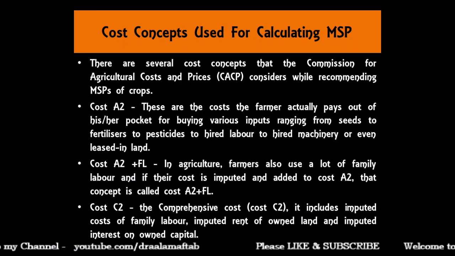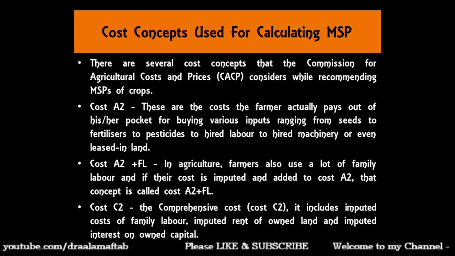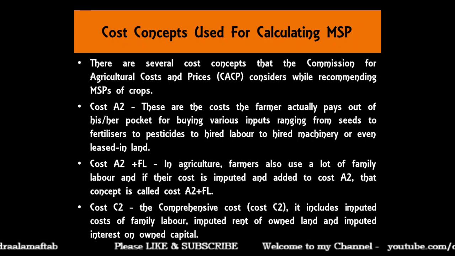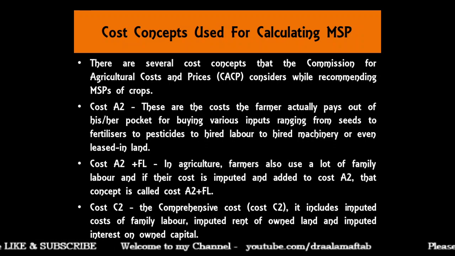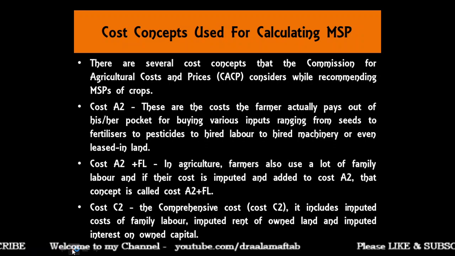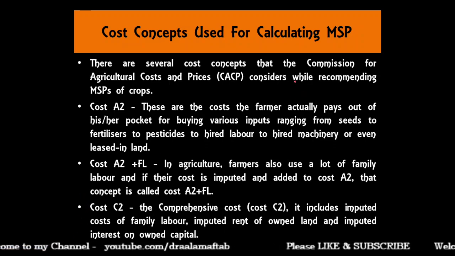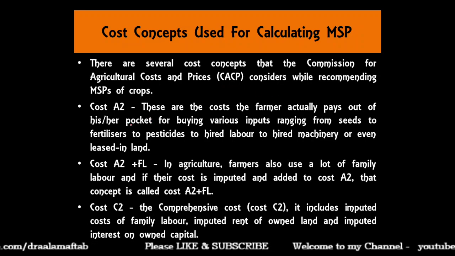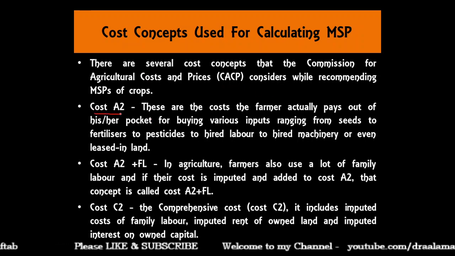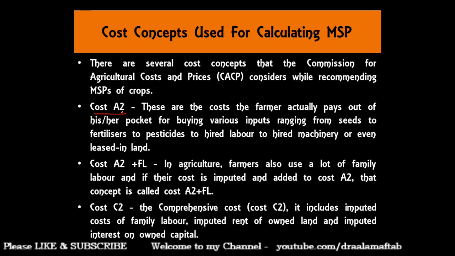Now the cost concepts which are used for calculating MSP, or minimum support price. There are several cost concepts taken into account by the Commission for Agriculture Costs and Prices. What are those cost concepts? Number one is cost A2.